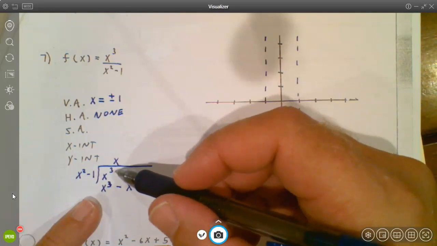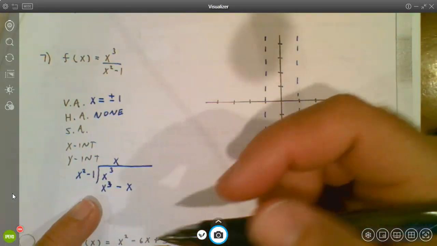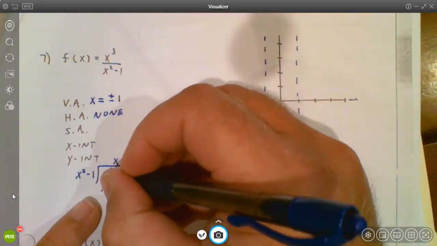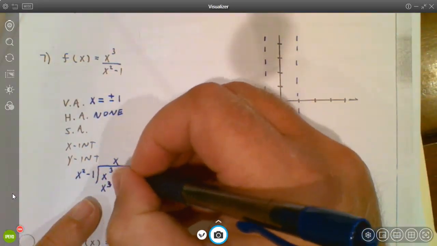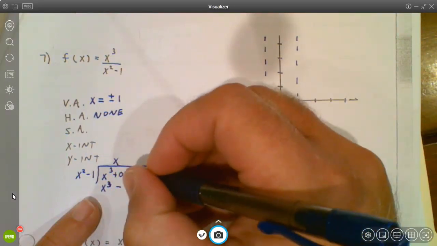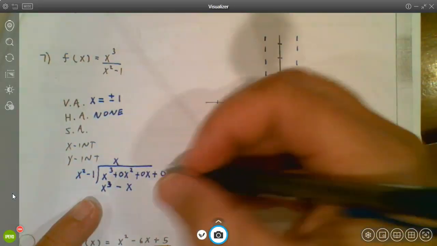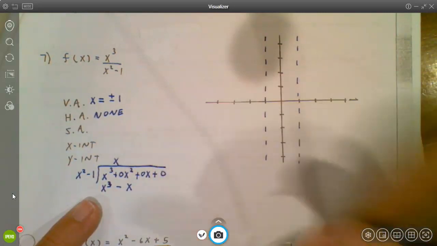Remember, typically we fill in the zeros here in order to get everything lined up with other terms. So we could have laid this out as plus 0x squared plus 0x plus 0 in order to get all of the terms accounted for.